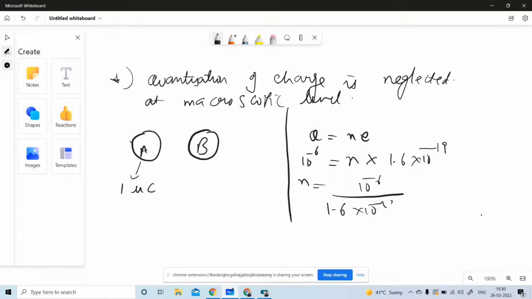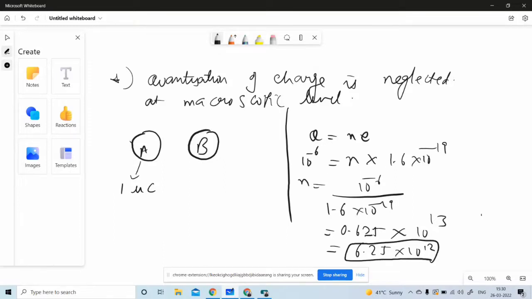So this will be 0.625 into 10 raised to 13. Let us say 6.25 into 10 raised to 12. So this many electrons need to be removed from the body A in order to establish a charge of 1 microcoulomb. See, this number is very large. 6.25 into 10 raised to 12 means 12 zeros.